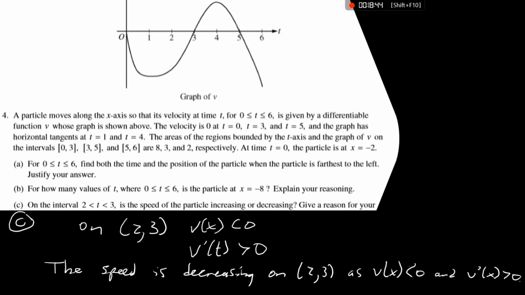On the interval from 0 to 1, is the speed increasing or decreasing? Increasing, because slope is negative and velocity is negative. The slope of velocity is acceleration, so acceleration is negative and velocity is negative, which means your speed will be increasing.